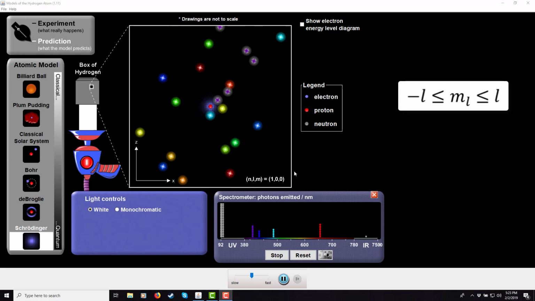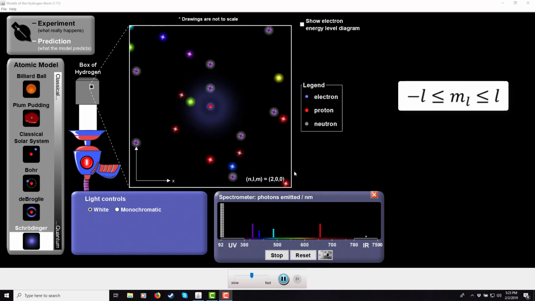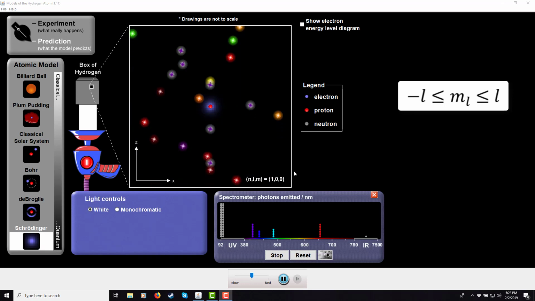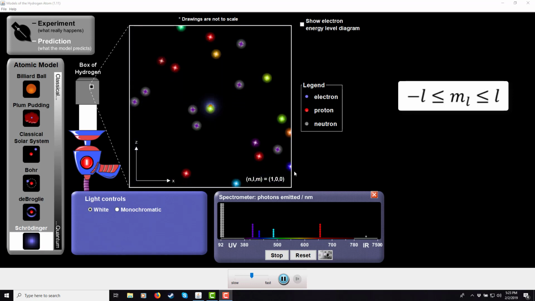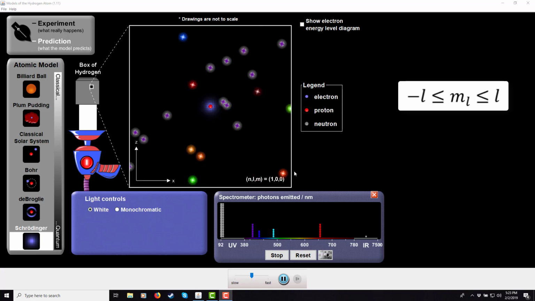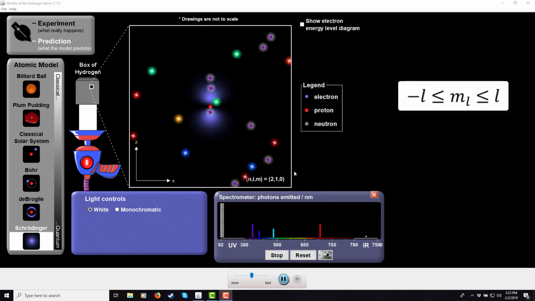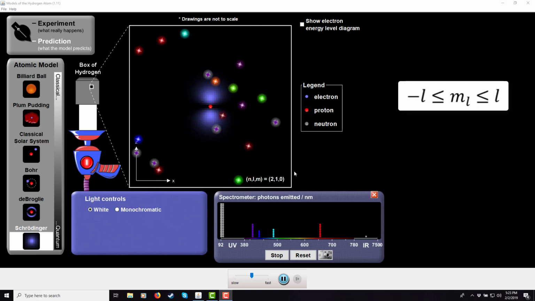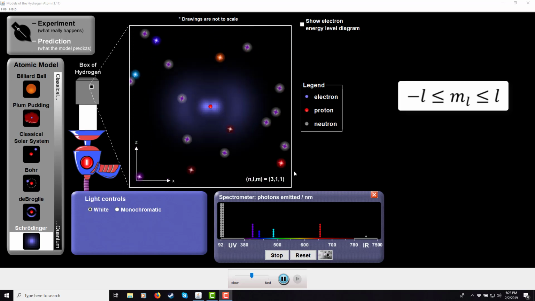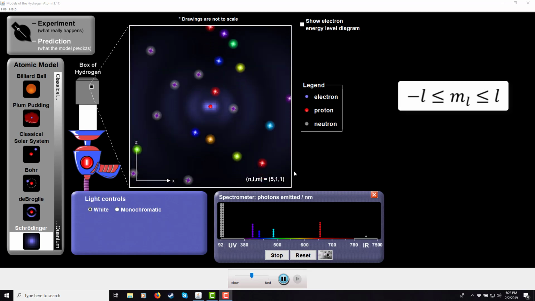It's going to be minus L, whole numbers, negative ones, up to 0, and then whole numbers, now positive, up to whatever L is. You basically are expanding in pairs. So for D, that's L equals 2, you'd have minus 2, minus 1, 0, 1, and 2. For F, minus 3, minus 2, minus 1, 0, 1, 2, 3.